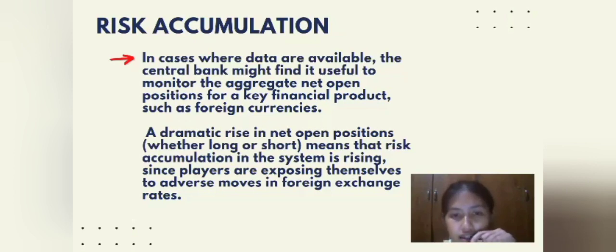A dramatic rise in the net open position, whether long or short, means that the risk accumulation in the system is rising, since players are exposing themselves to adverse moves in the foreign exchange rates. Risk accumulation is the potential loss exposure of one event spreading across multiple lines of business in an insurer's portfolio, or a clash.